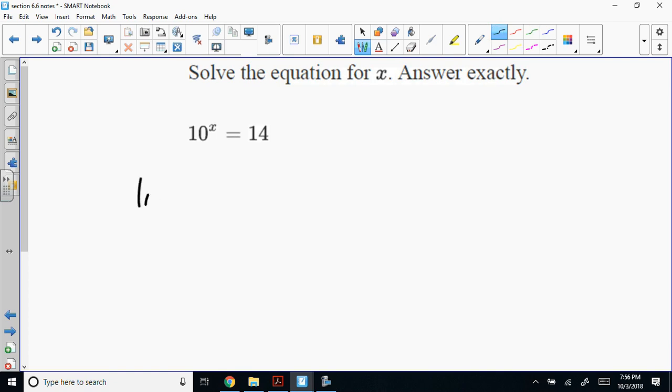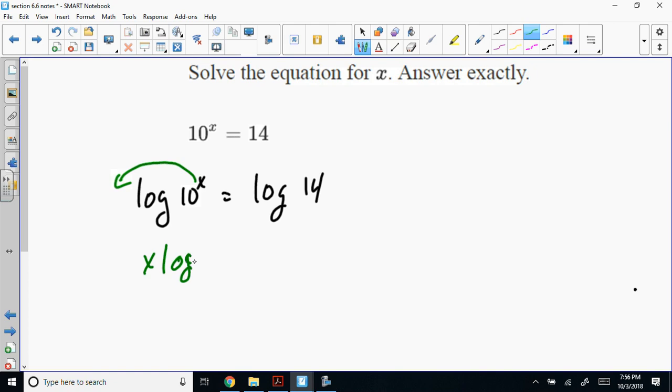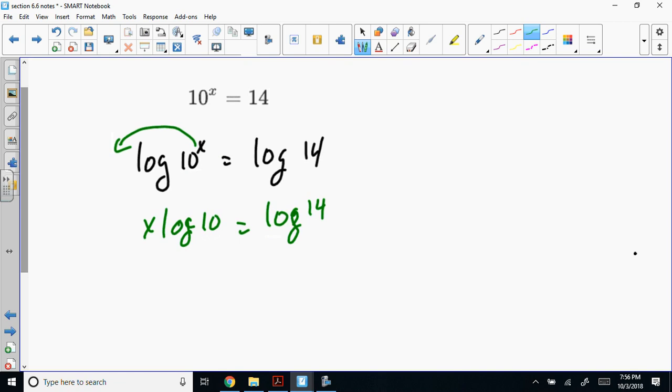So you just go log of 10 to the x equals log of 14. Now, you remember those properties that we just got done doing? You take that x out, so it's x times the log of 10 equals log of 14, right?